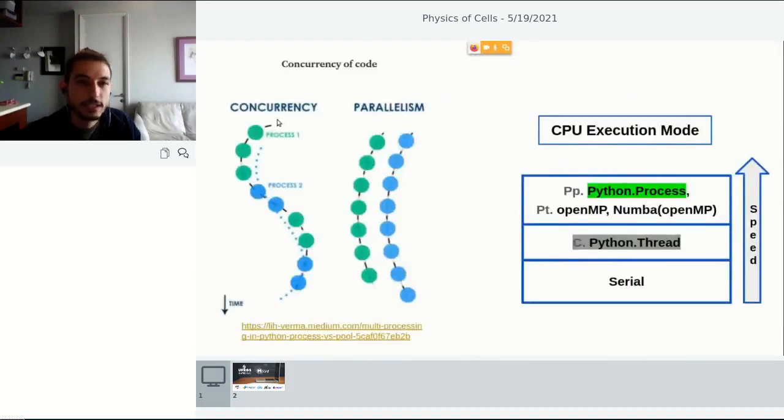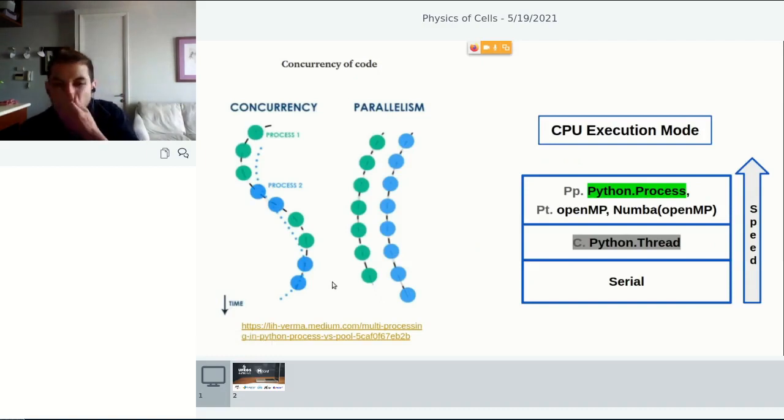So this image is interesting. What we could see here is that in this parallelism scenario, you have two threads in parallel, that is clear, but I cannot see from this sketch what is the difference between concurrence and serial.